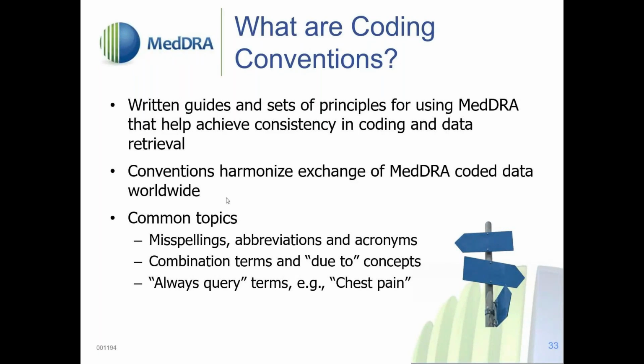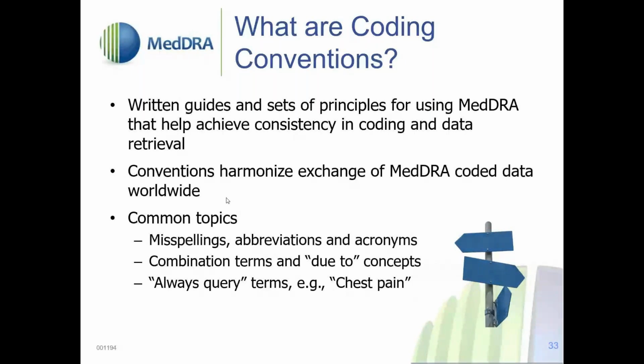They may address topics like handling of misspellings, abbreviations, or acronyms. Another area you may want to cover are combination terms and due-to combinations of medical concepts. There may also be terms that you would always like to query, like for example chest pain, to find out whether it is of cardiac origin or caused by other non-cardiac events, like for example pulmonary embolism.